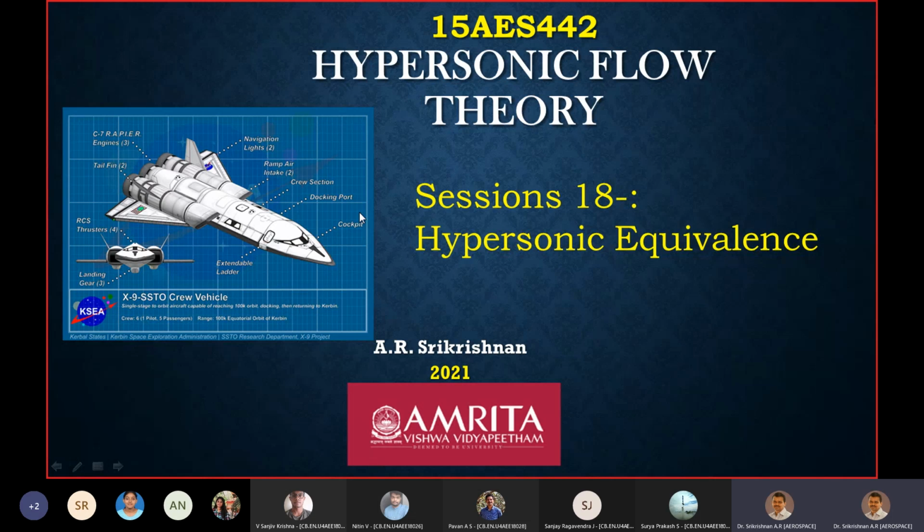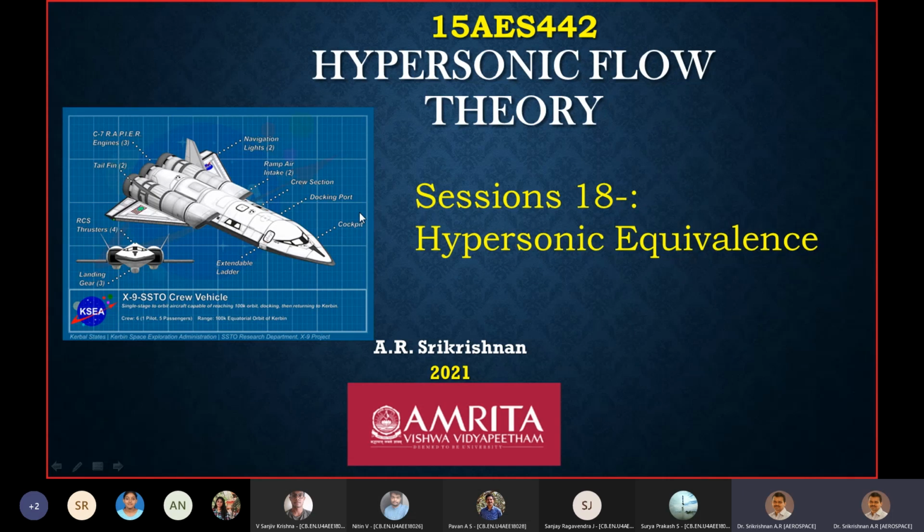Now, problem B is such that we have either experimental or theoretical data available on it. So if I can strike an equivalence between problem A and B, then I can use some of the results available for problem B to interpret the physical parameters in problem A. This is the core approach in hypersonic equivalence.